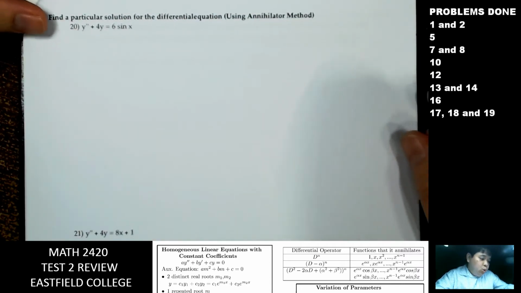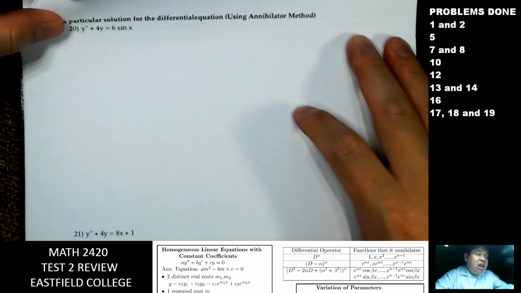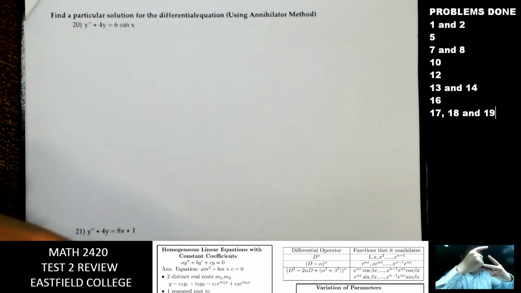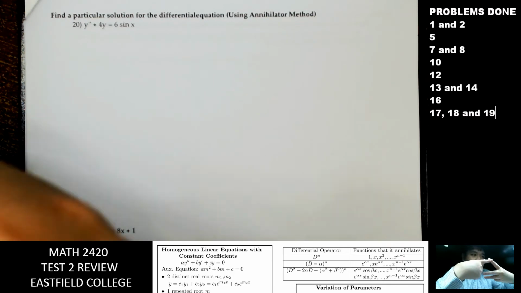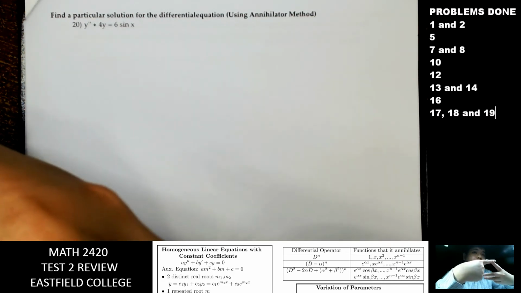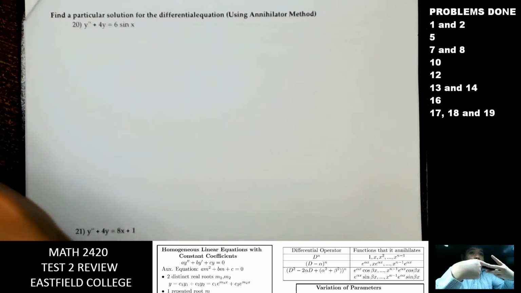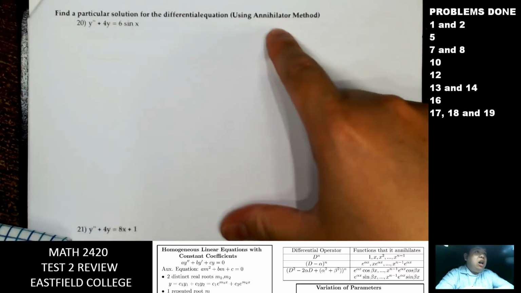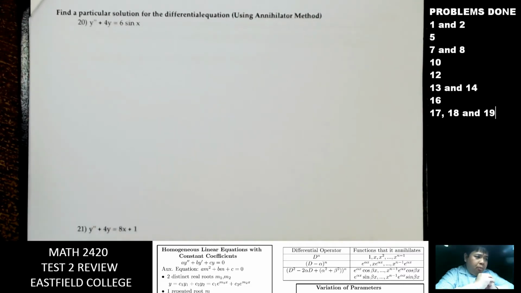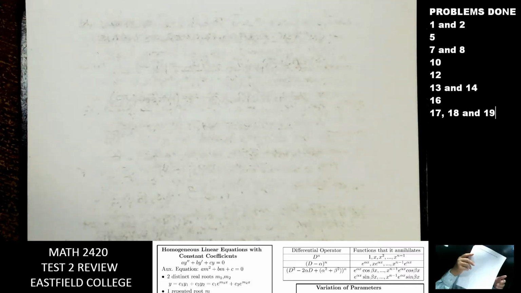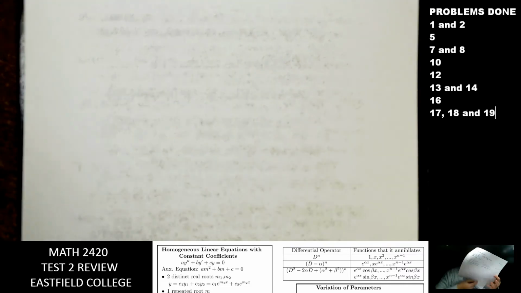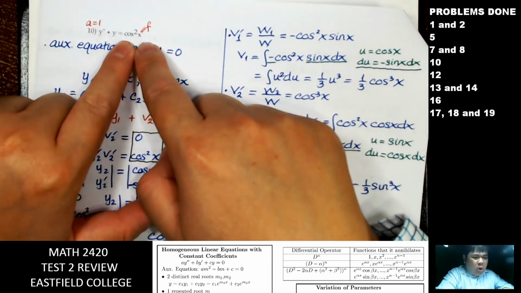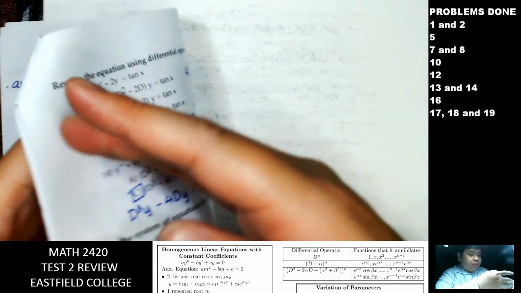Next, for a particular solution, this time we use annihilator. So once again, there will be 3 approaches. The first one is undetermined coefficients, pretty much we guess. The second one is variation of parameters, and the third one is this, annihilator. Except variation of parameters allows us to do a problem like this, because when we have cosine squared, we cannot guess.